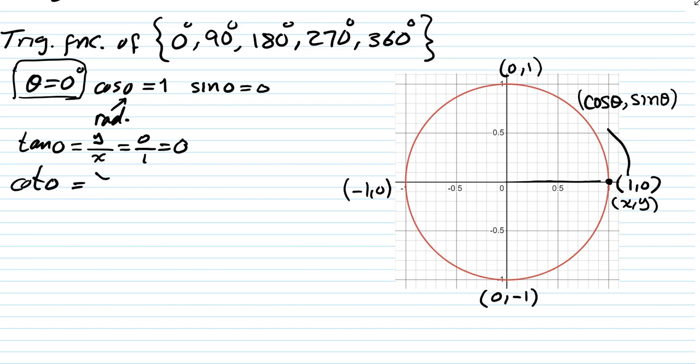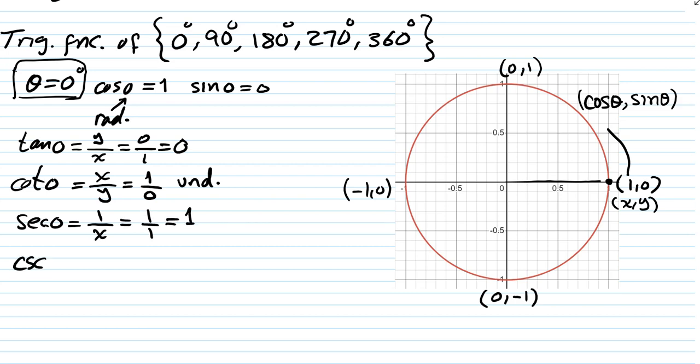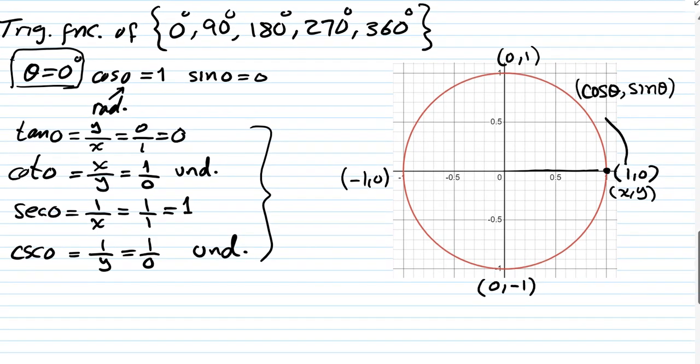Cotangent of 0 is x over y, 1 over 0, which is undefined, division by 0. Secant of 0 is 1 over x, and that's 1 over 1, or 1. Cosecant of 0 is 1 over y, and that's 1 over 0, and it is again undefined. You see how we can quickly determine those. You don't need a calculator, and you don't really need to memorize any of these.